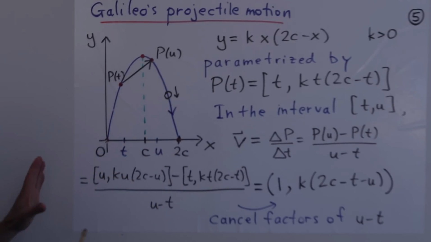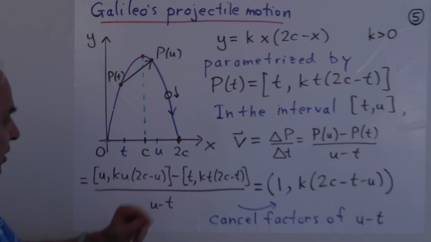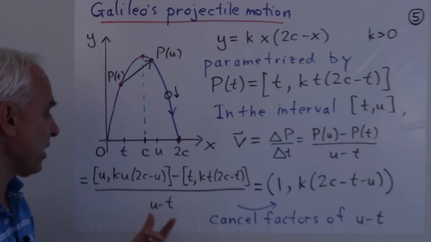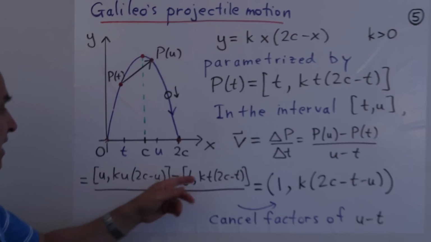Now, we've seen this kind of thing before when we were talking about tangents, and a similar thing happens here. If you think about the first coordinate, it will obviously be u minus t. When we cancel with the u minus t, we're going to get 1 clearly. If we take the other component, the y component, we take this thing here and this one here and take the difference, well, there'll be a k factor.